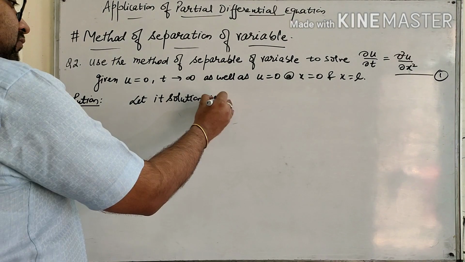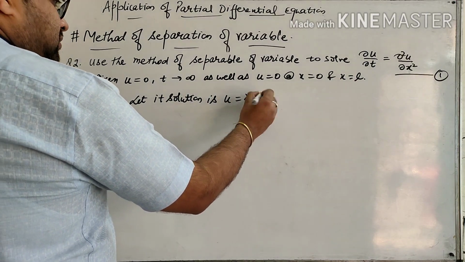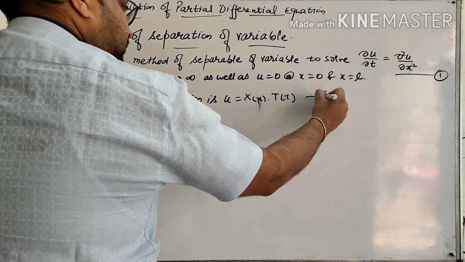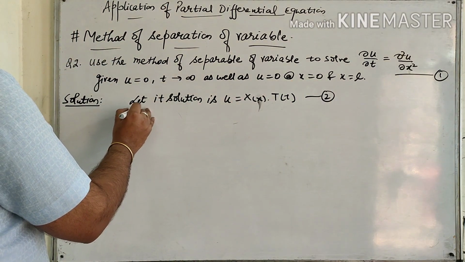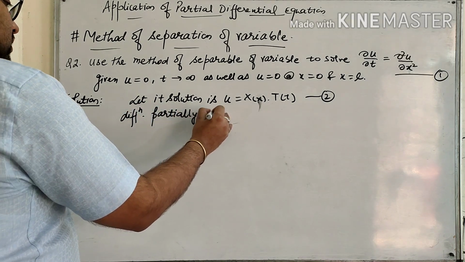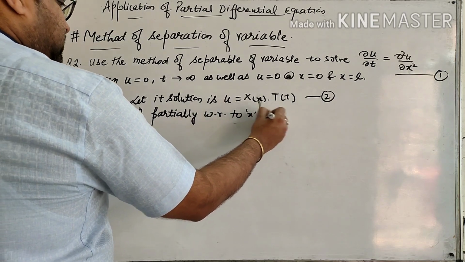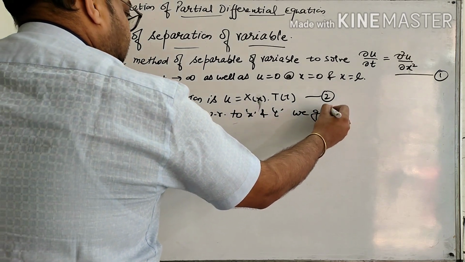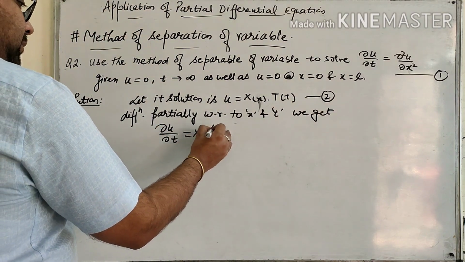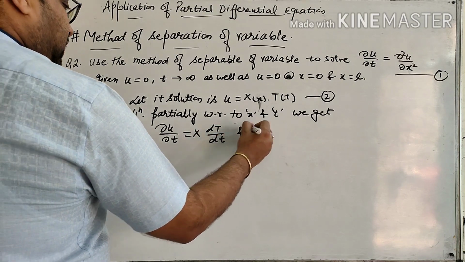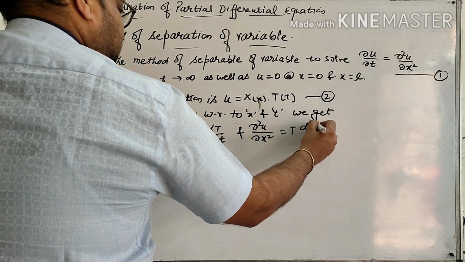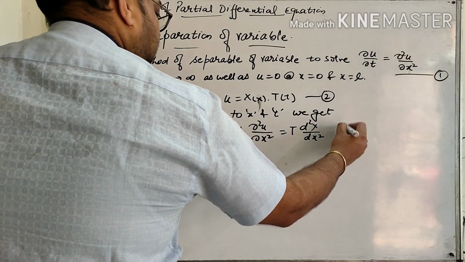Let its solution be u equals X into T. So differentiating partially with respect to x and t, we get del u over del t equals X dT/dt, and del 2u over del x square equals T d2X/dx square.